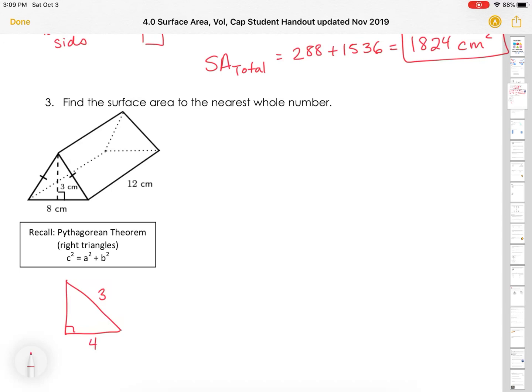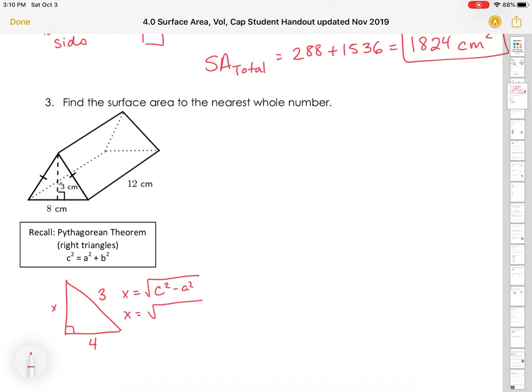So this would be 4, so we're going to use the Pythagorean theorem to find the missing side. So x is equal to c squared minus a squared. That makes no sense. This is incorrect, right? You know what?